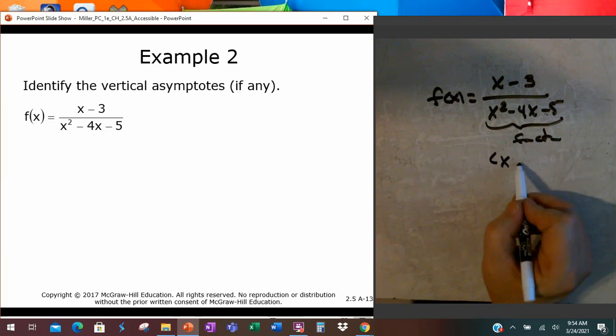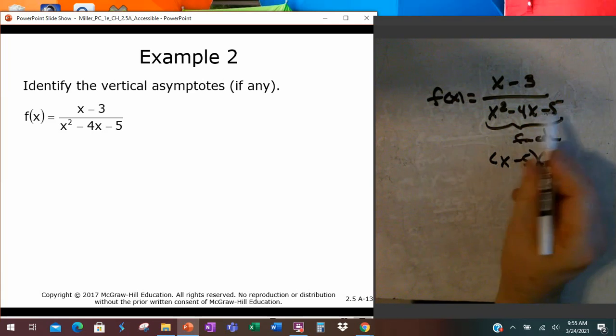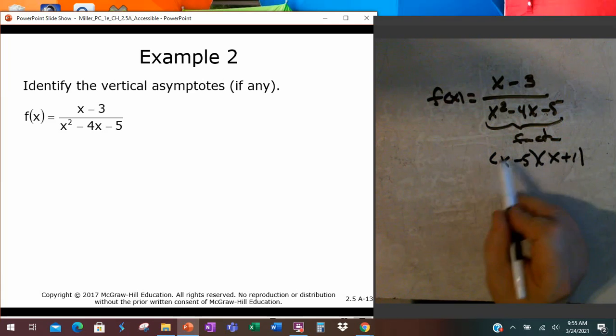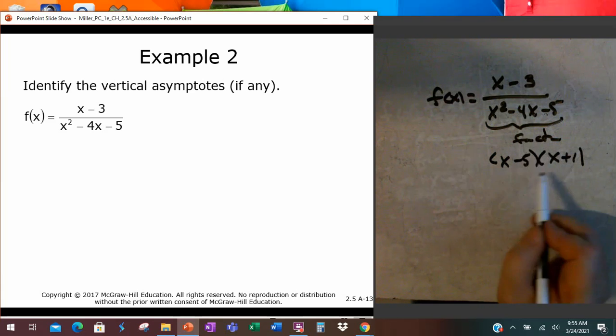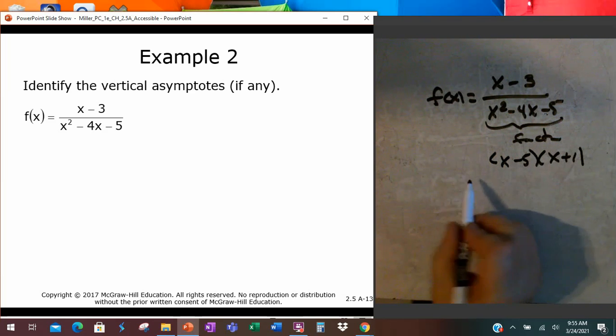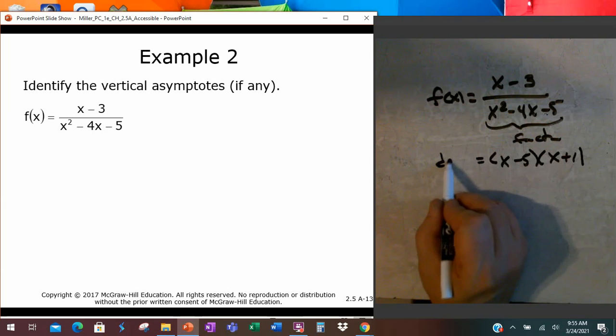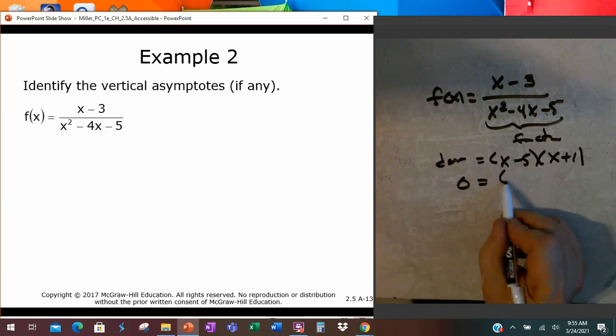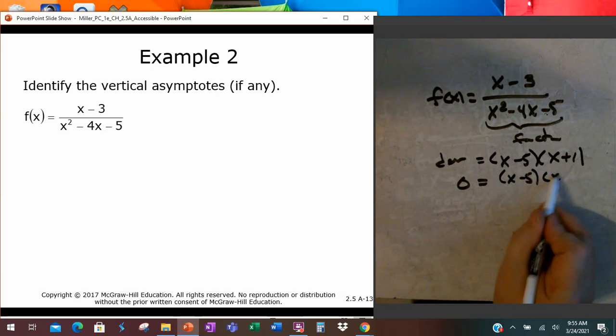It's got to be 5 and 1. The difference being 4, that's got to be like that. x squared plus x minus 5x, and then minus 5. Nothing in common. This is the denominator. I set this equal to 0 because I want to see where it blows up. x minus 5, x plus 1.